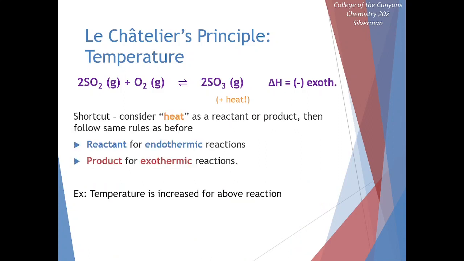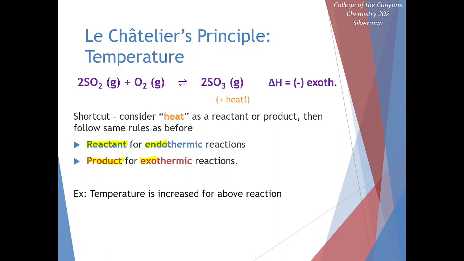Our shortcut is to consider heat as either a reactant or a product. If we have an endothermic reaction, that means we have heat as almost like a reactant. If we have exothermic reactions, then heat is almost like a product.